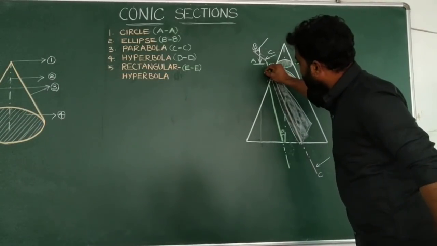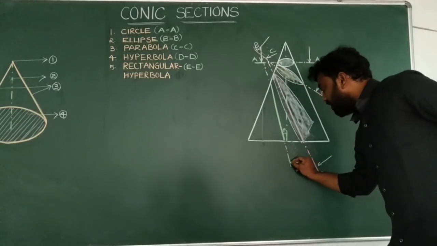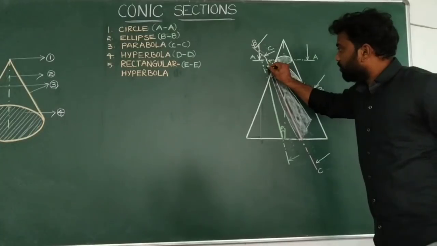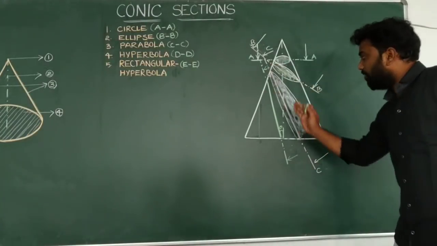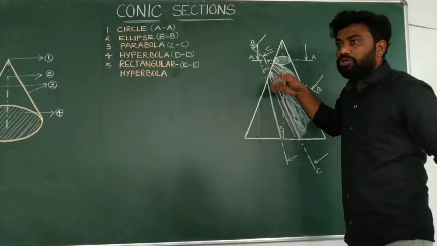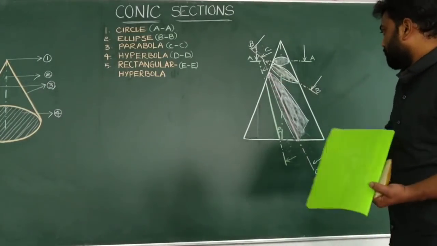We can cut the object in this way. So here we should see the object in this direction, so that we will be getting the true shape of the object. Then after removing this portion, here we will be getting new surface. That surface is called hyperbola.